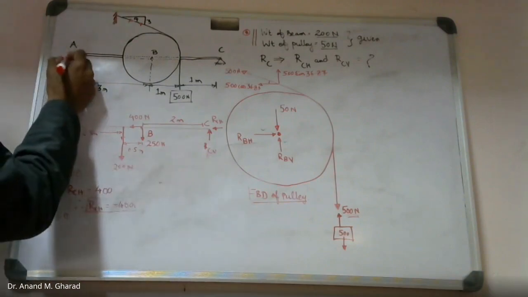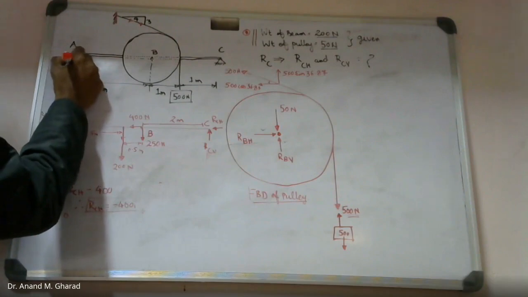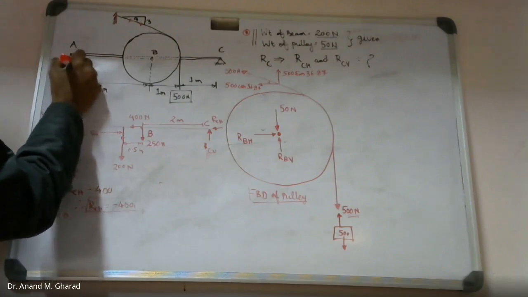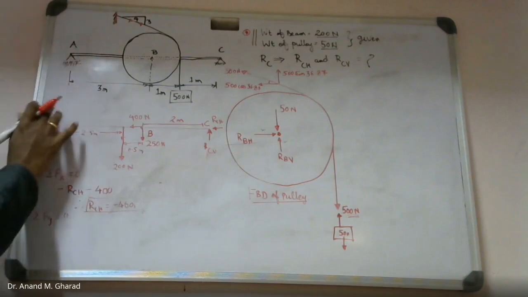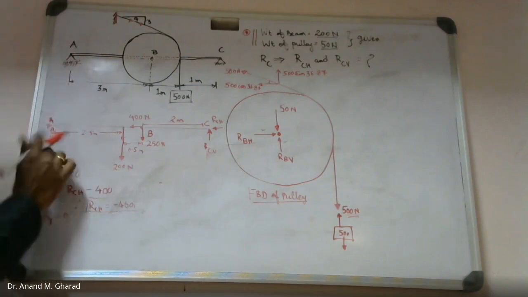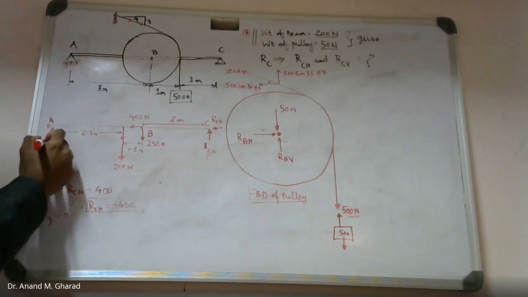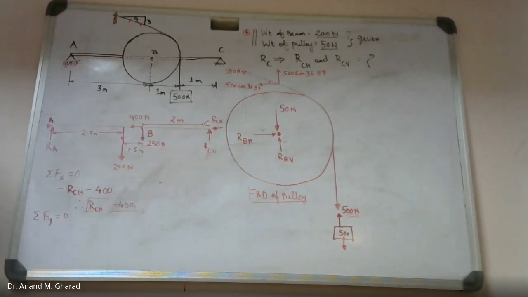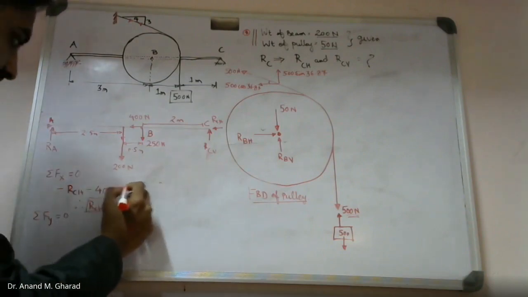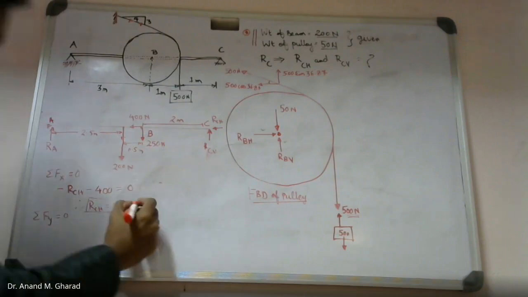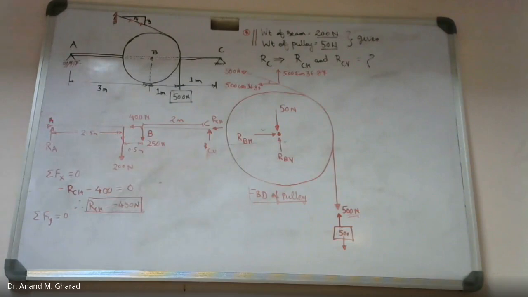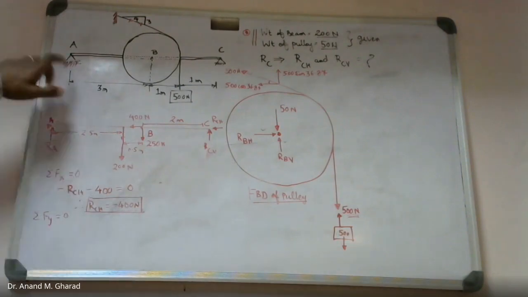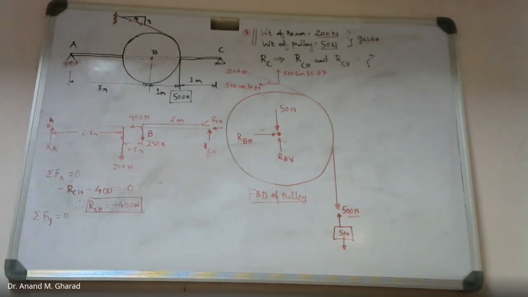This is not hinge. This is roller. This is given in the numerical. My mistake. This is roller support. So because of that, you will find only one reaction force over here, that is RA, and that's why this will be equated to 0, and RCH will be now minus 400. Okay, that was roller support, not hinge.